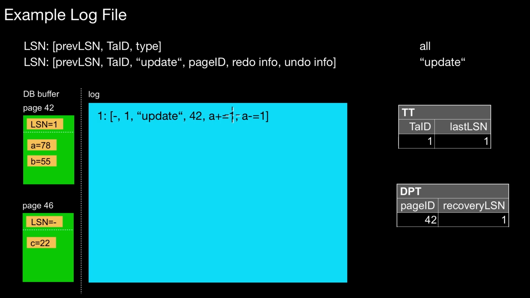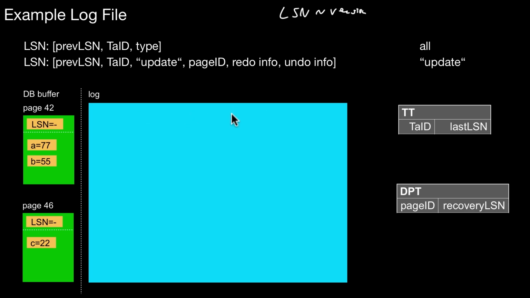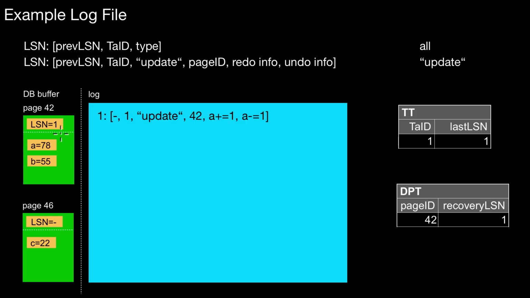And you see what happens if we go back. That is what we were in before. Now when we apply the change, again we use write-ahead logging, which means that the log record is written out first, then the change is applied to the store. And what we see here is that the log sequence number of this log record is also kept on the page. So we put it in the header of this page and apply the change in this field. Before it was 77, now it's 78.